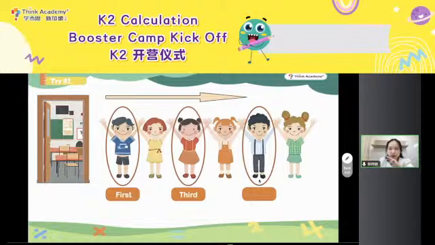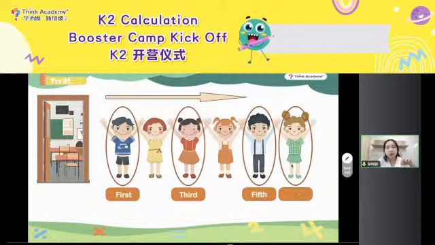And what about this boy? Still, let's count it. Number 1, number 2, number 3, number 4, number 5. How can we call number 5? The fifth one, right? And what about this one?